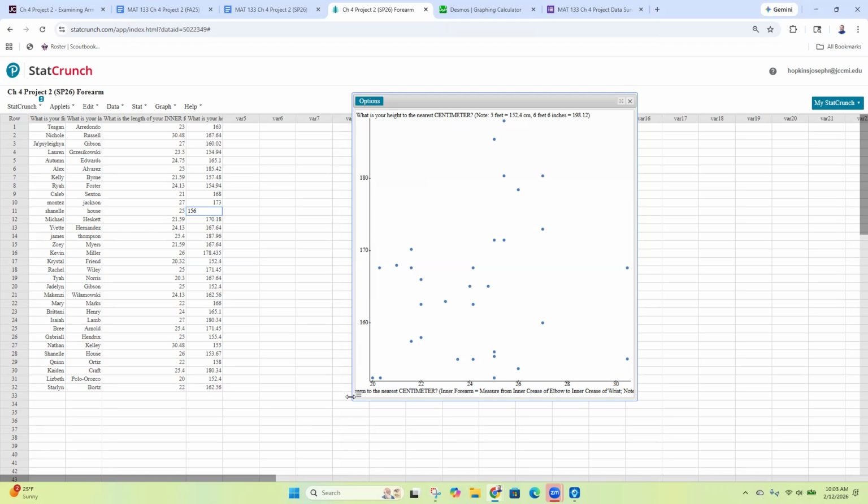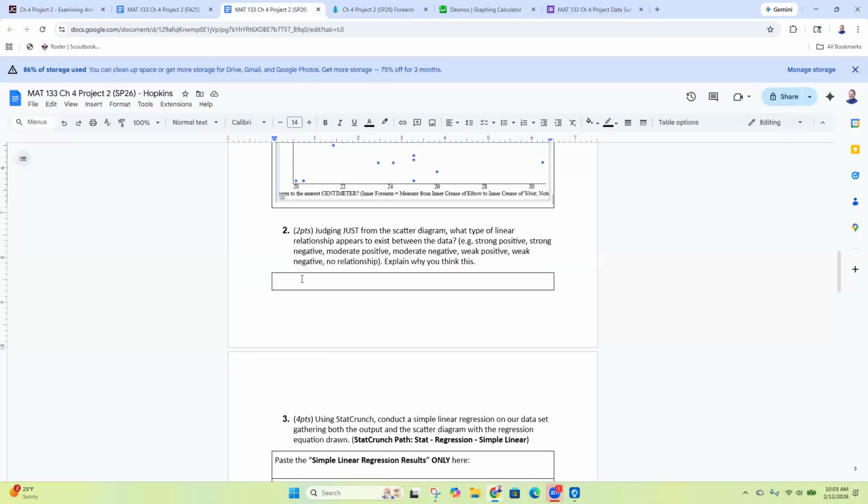What do you guys think? What's your guess? Moderate, positive? I think it's probably weak, but I'll go with your suggestion. We'll go with moderate. I mean, it makes sense, right?